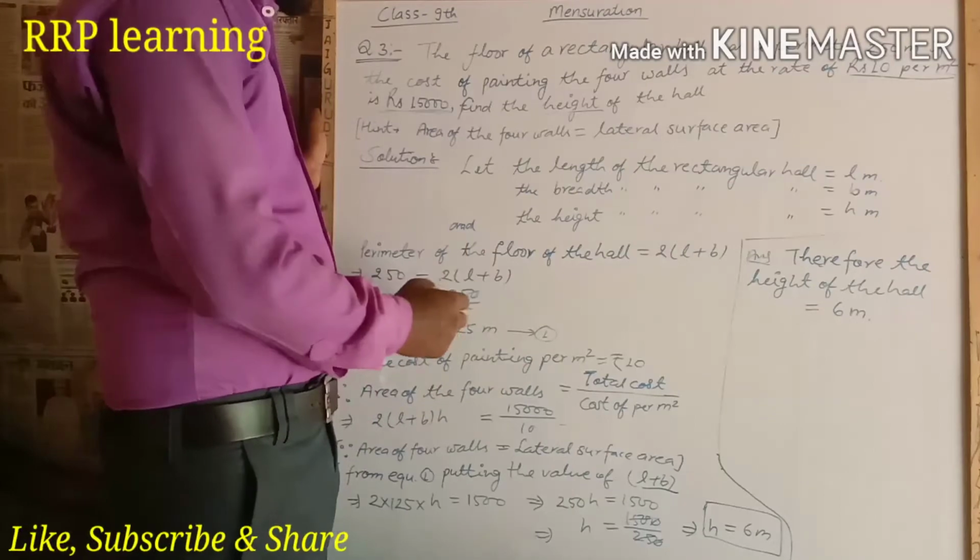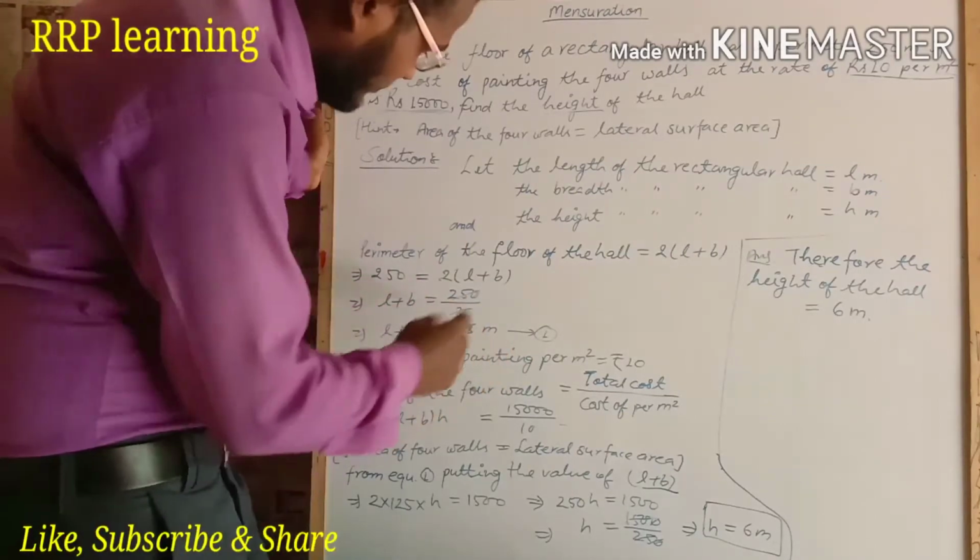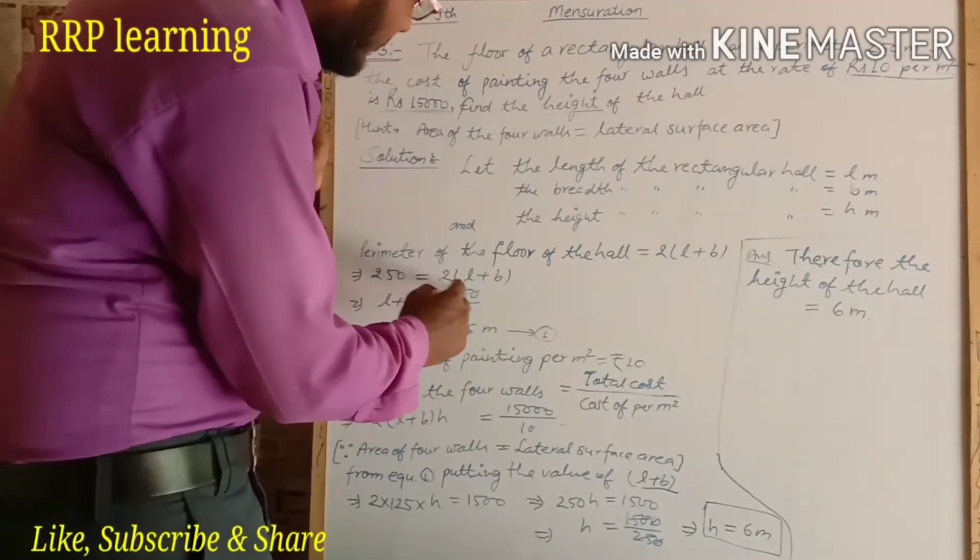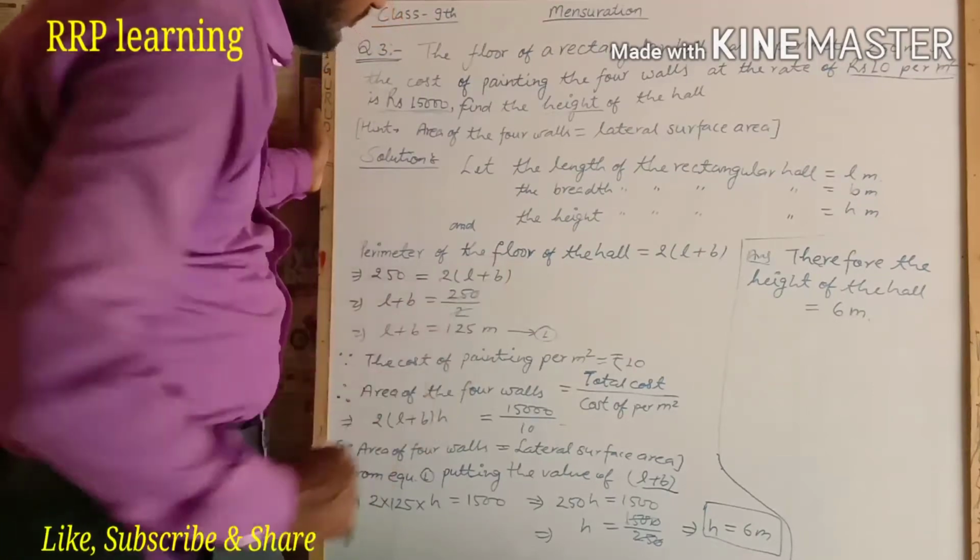Equation first. We got 125 meter when 250 meter is cancelled by 2.